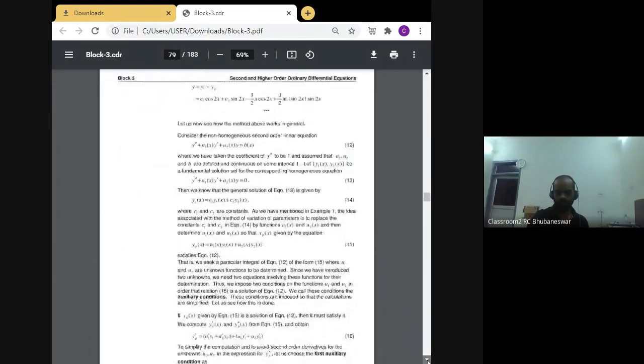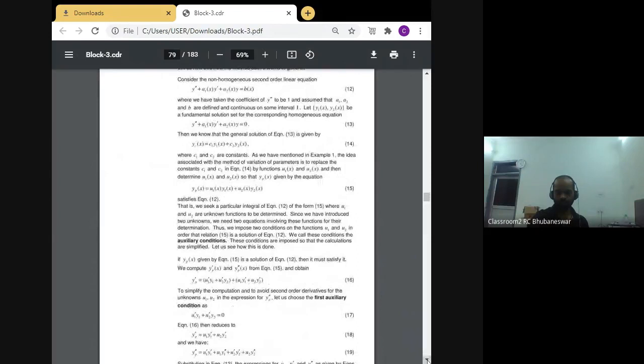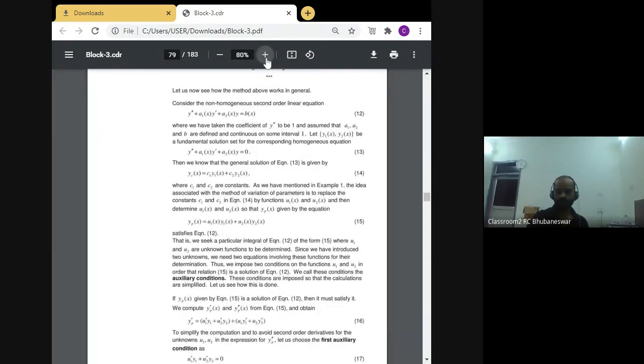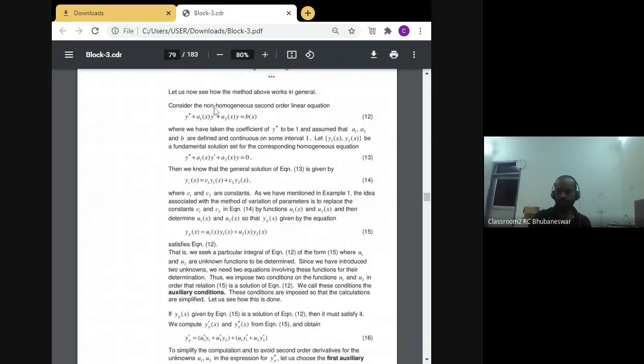Now let us move to the general procedure of the variation of parameter method using a non-homogeneous differential equation. As you can see on your screen, equation number 12 is clearly a non-homogeneous differential equation with variable coefficients.